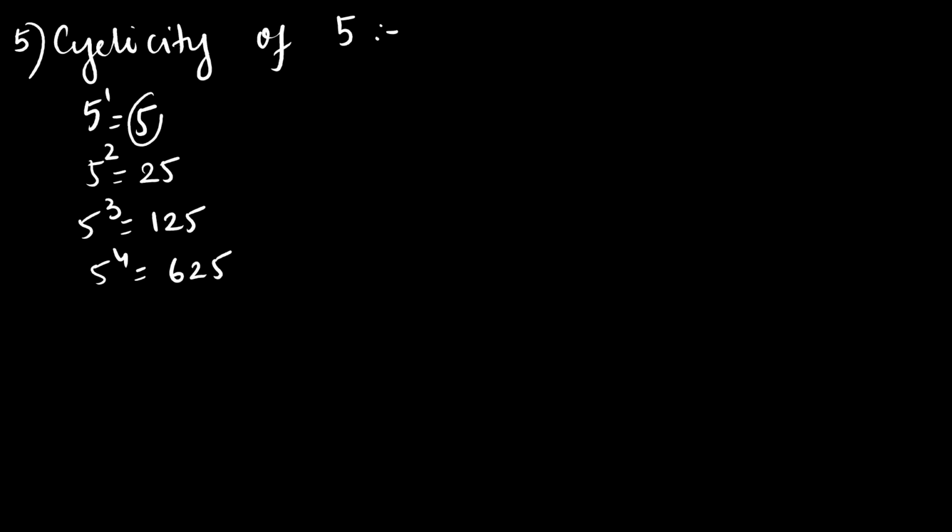See that the unit digit is always equal to 5. In the case of 5, the unit digit is always 5. So this is a simple concept. Next will be the cyclicity of 6.